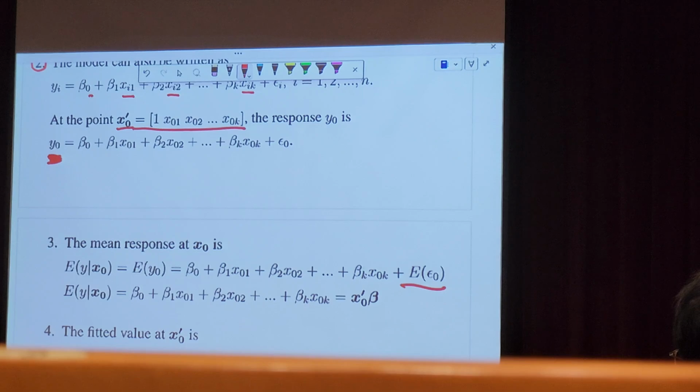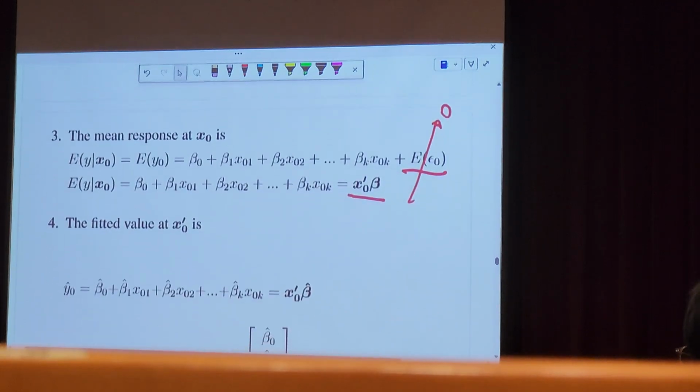Expectation of this is 0. So that's 0. And the expectation is just beta naught plus beta 1 x1 and so on. And this can be written in matrix notation as x naught prime times beta.